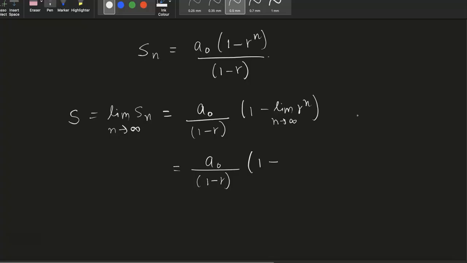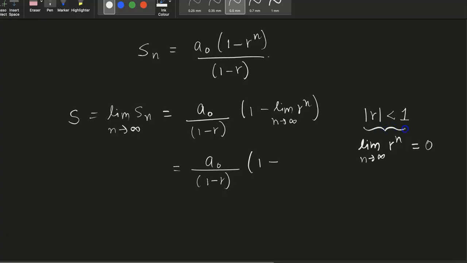Now there are two cases. If the modulus of r is less than 1, then as n tends to infinity, the limit of r to the power n will become 0, right?